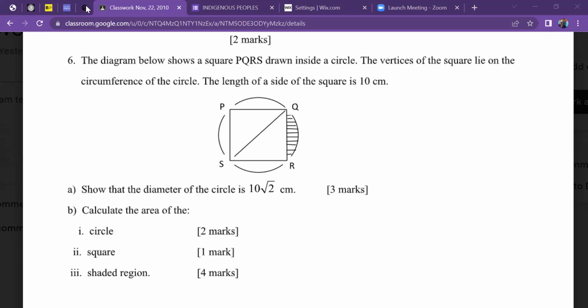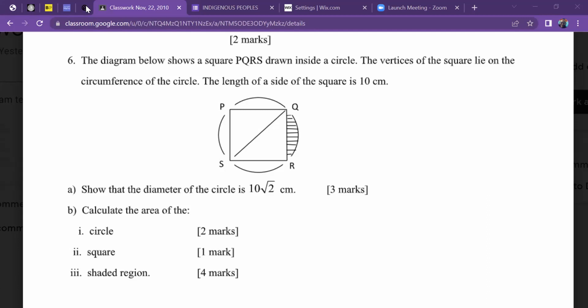Okay, so let's take a look at the question. We have a circle with diameter 10 root 2. That means from S to Q is the length 10 root 2. Sorry, that's not true.